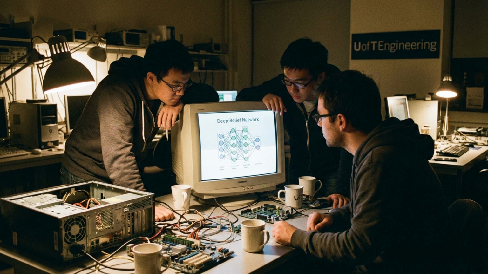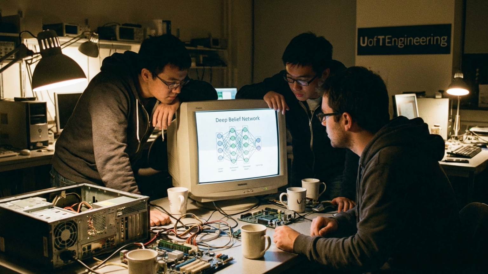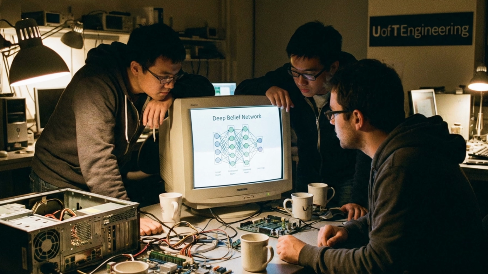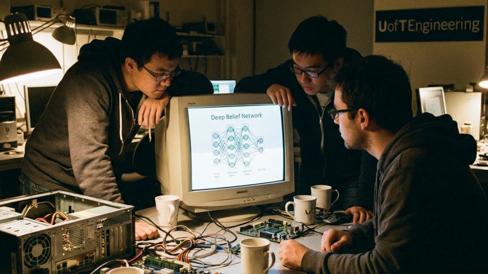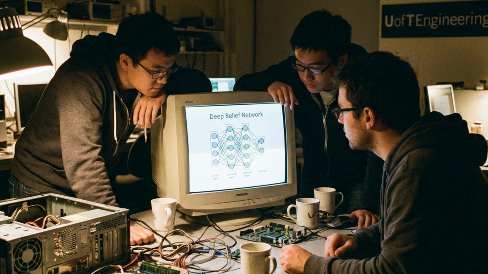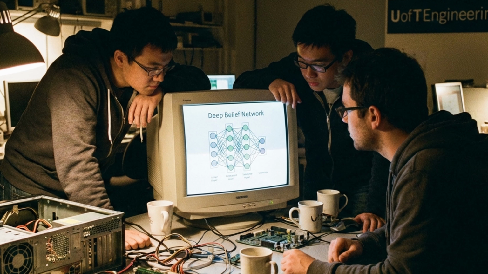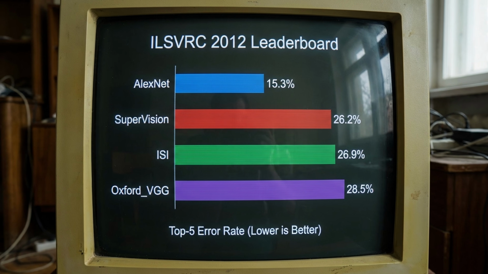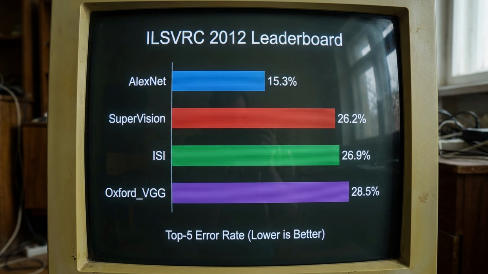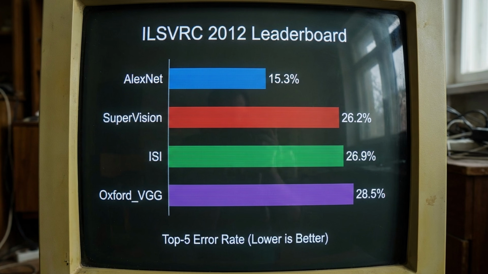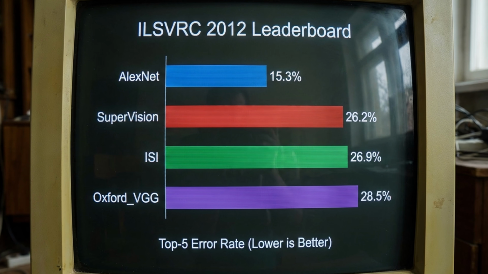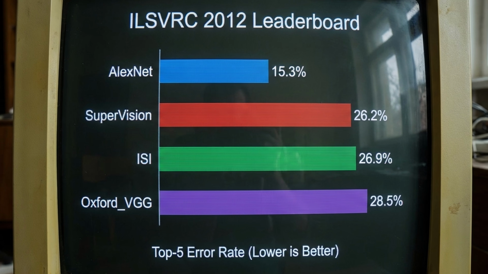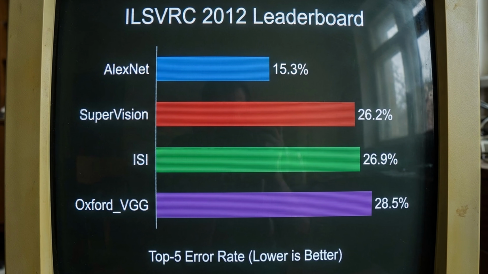On September 30, 2012, this dataset served as the proving ground for a deep convolutional neural network called AlexNet, developed by Alex Krizhevsky in collaboration with Ilya Sutskever and Geoffrey Hinton at the University of Toronto. Competing in the ImageNet Large-Scale Visual Recognition Challenge, AlexNet achieved an unprecedented top 5 error rate of 15.3%, outperforming the runner-up by a staggering 10.8 percentage points.